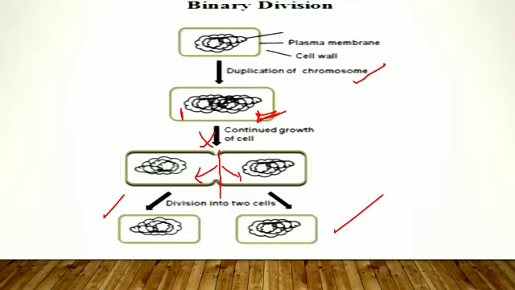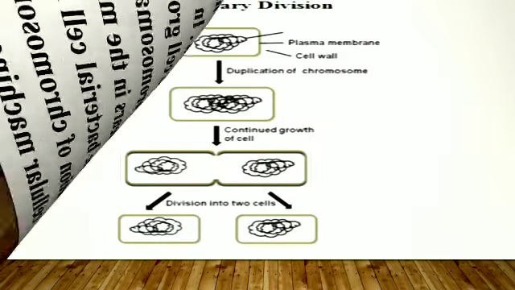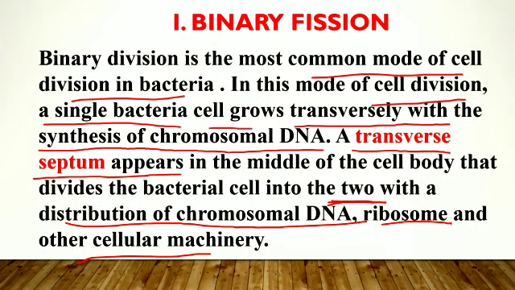This is the most common bacterial division we have seen. Binary division is the most common mode of cell division in bacteria. Another thing is the cell grows transversely, with the synthesis of chromosomal DNA. A transverse septum appears in the middle of the cell body that divides a bacterial cell into two, with the distribution of DNA, ribosome and other cellular machinery.